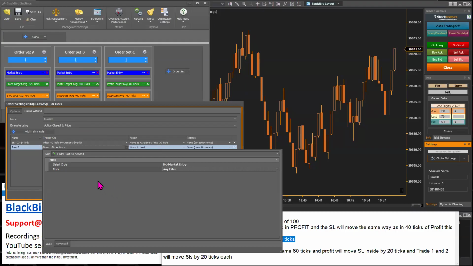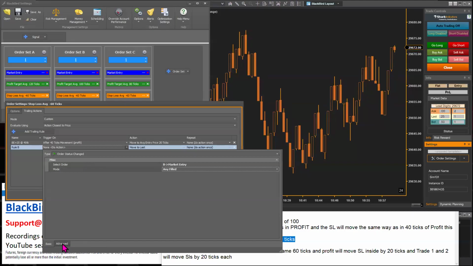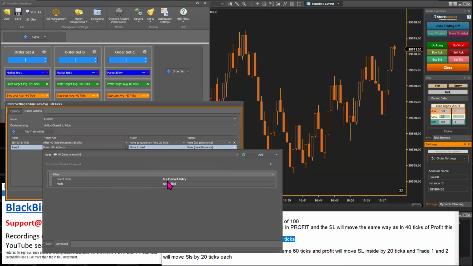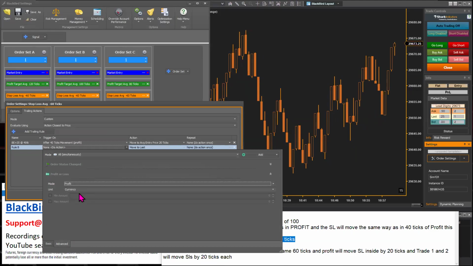And then we need to switch over to the advanced tab first. Once our entry order for B has been filled, then we can start checking the profit or loss there. Let's put that in, and 40 there, 40 ticks.